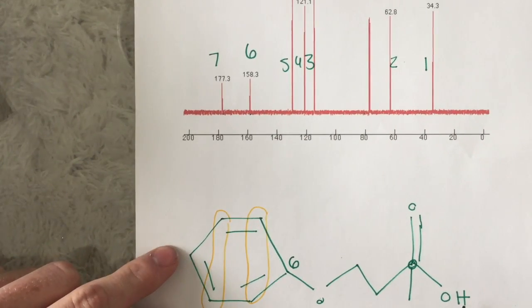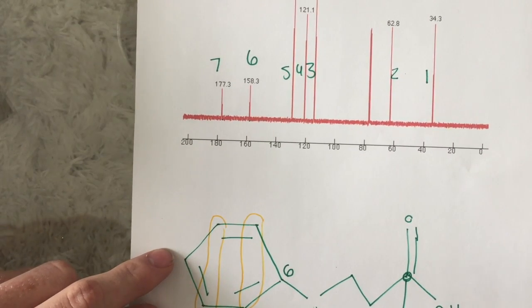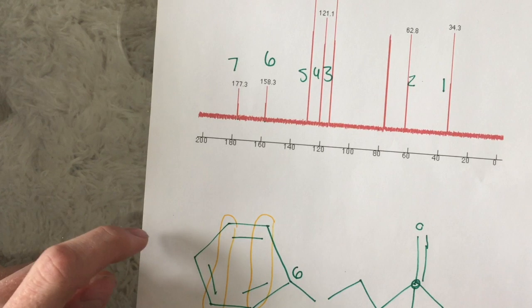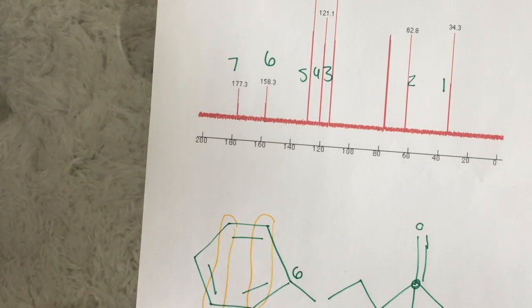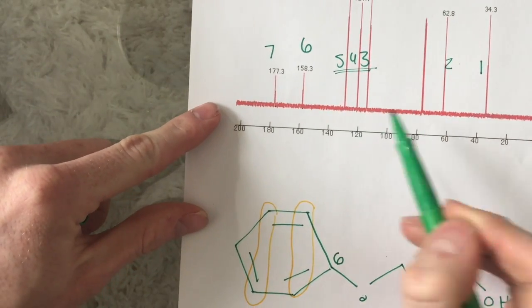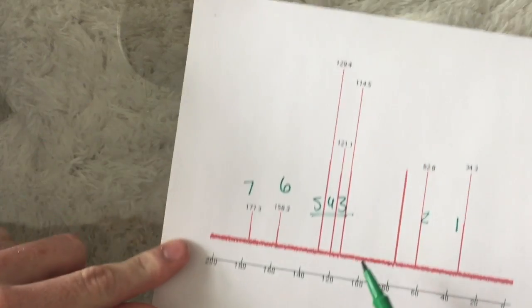And we're going to label the rest, going in descending order. Since these are closer together, we're going to assume that these are around the benzene ring.